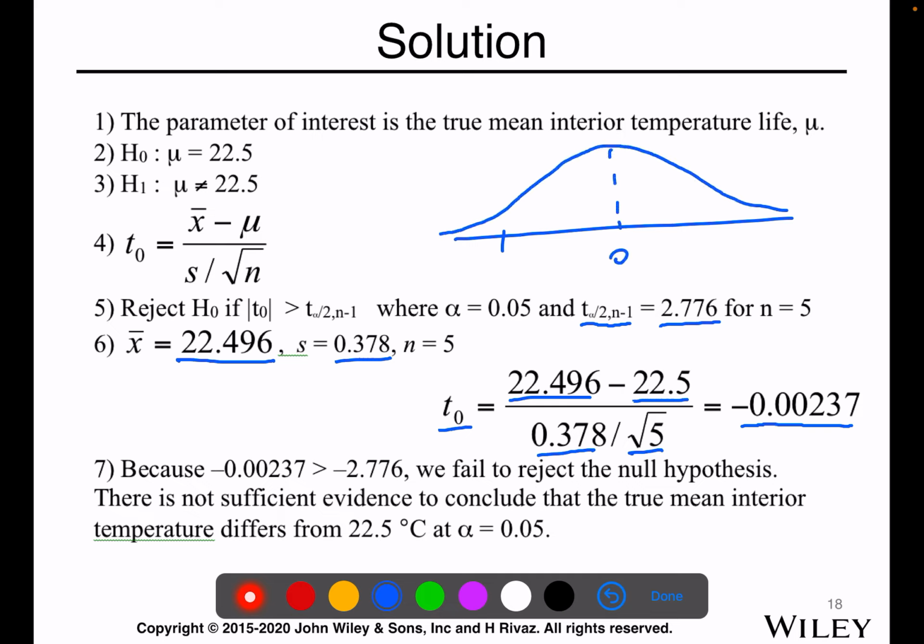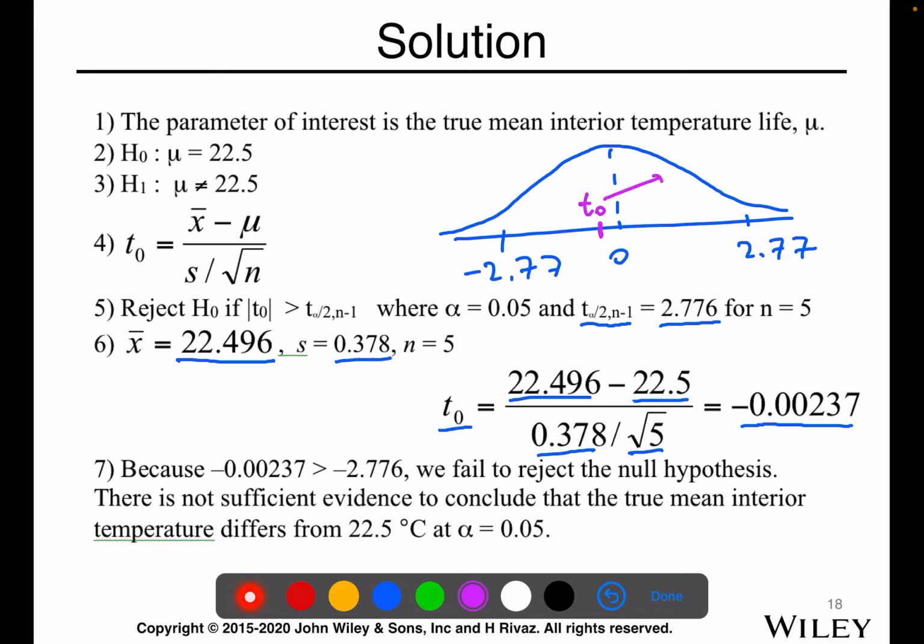So this is 0, this is minus 2.77, and this is 2.77, right? And our t0 is minus 0.002, so this is our t0.